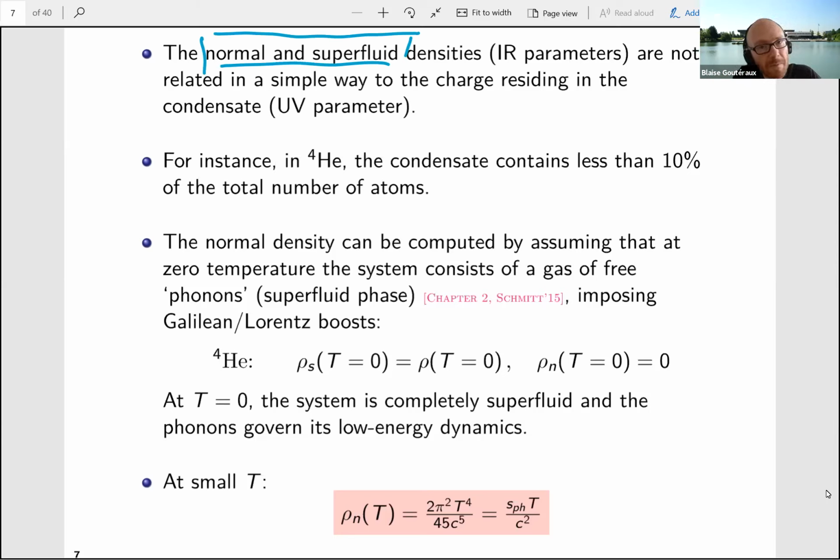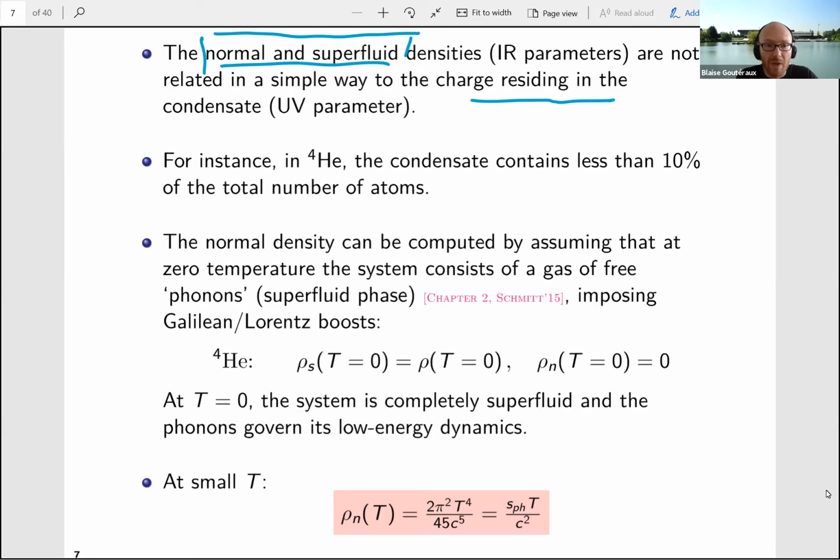So the main reason why I'm saying this is that these two quantities are not related in a simple way to the charge residing in the condensate, which is a UV parameter. You might simply ask, if I have superfluid helium-4, how many atoms are actually condensing at zero temperature and how many atoms are not condensing at zero temperature? Well, in superfluid helium, people have measured that the condensate at zero temperature contains less than 10% of the total number of atoms.